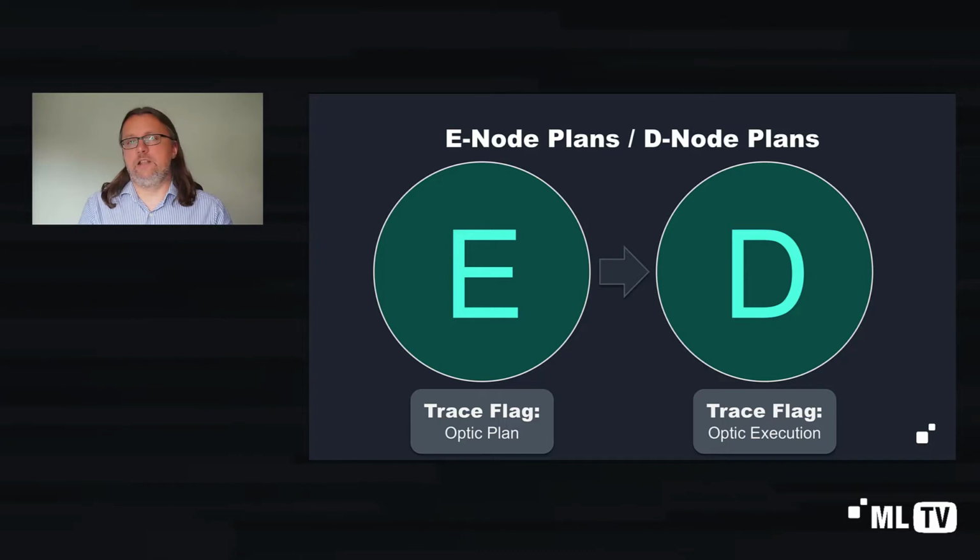But in summary, the optic plan trace flag gives you an understanding of the whole plan for the query, and usually most of that will execute on the E node. When portions of that are executed on the D node, you'll be able to see the message just before it gets sent to the D node, and that message is output using the optic execution trace flag.